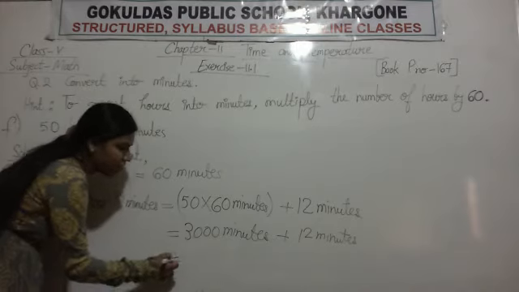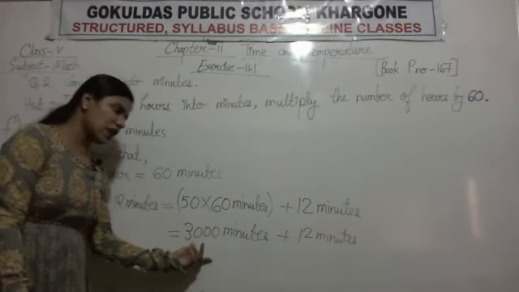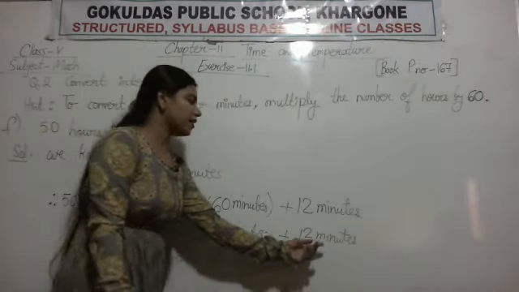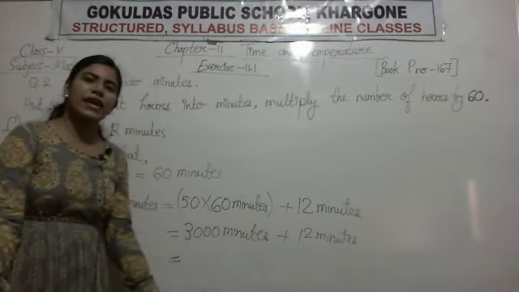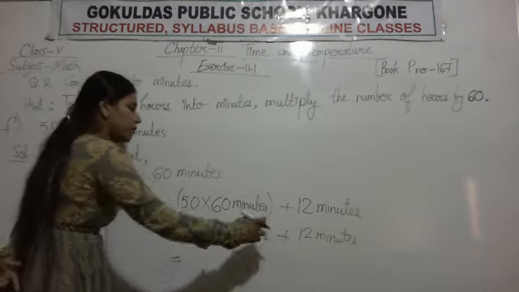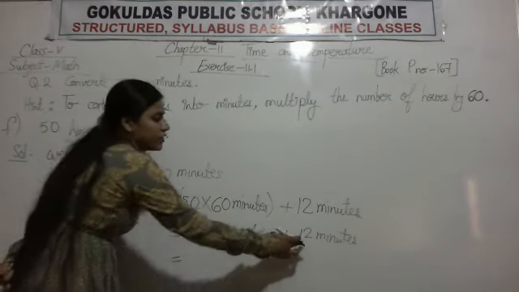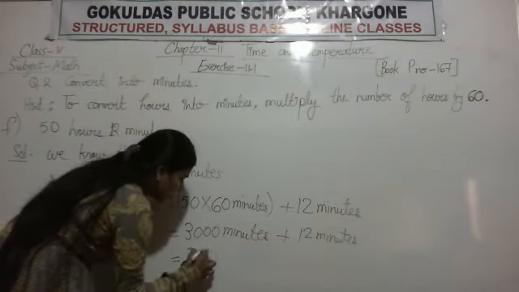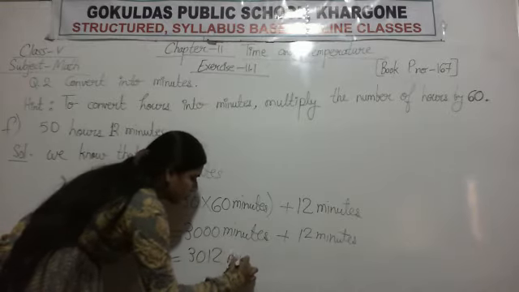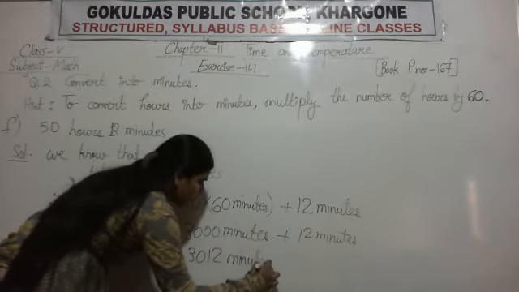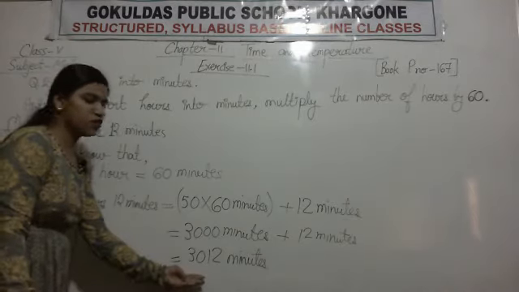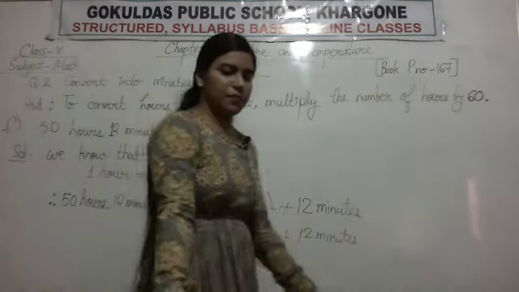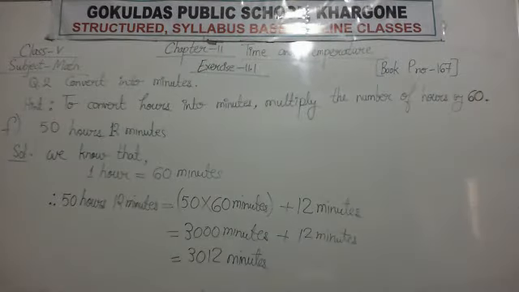This 3000 is in minutes, 12 is in minutes. Both have the same units, so we can add them. When we add 3000 with 12, our result is 3012 minutes. So 50 hours 12 minutes is equal to 3012 minutes. Note it down or take the screenshot.